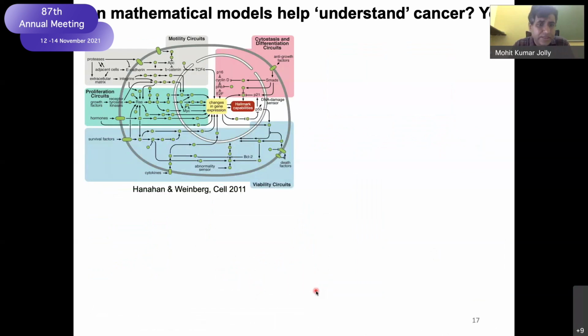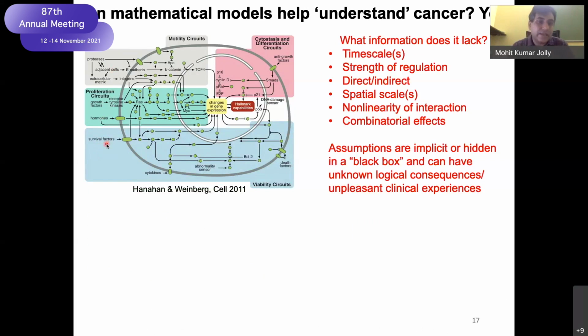So I'll just end with this thought that when we talk about mathematical modeling in the context of cancer, of course, we have a lot of data now coming up, using which one can draw such schematic representations talking about how one molecule influences the other, and then divide them based on their biological function.